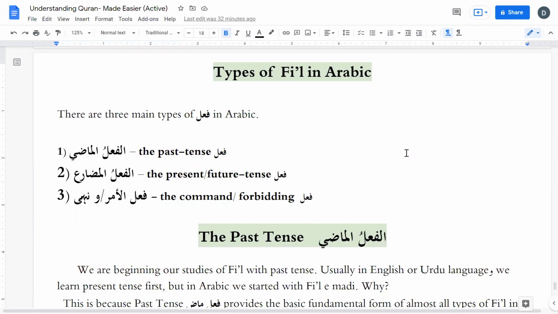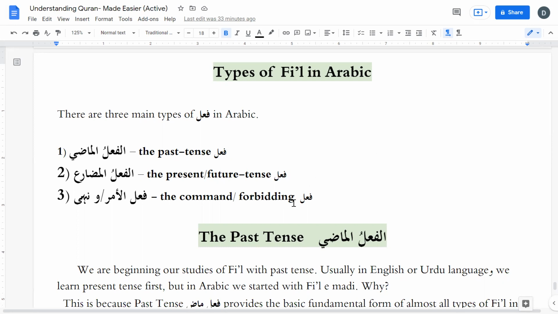Today, inshallah, we would continue with Fi'l Madi. In the last video, we learned about Fi'l Madi, and it was an introductory session.